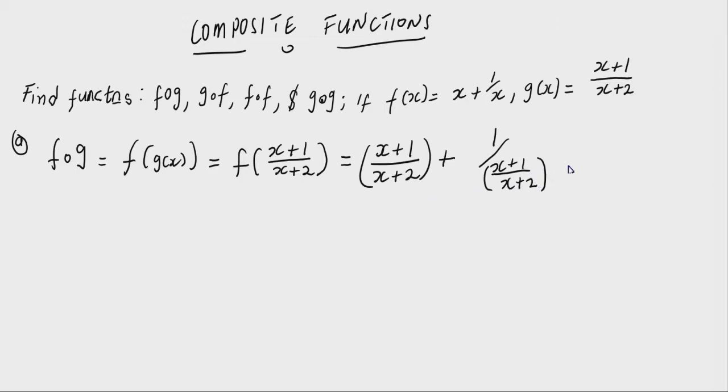So when we take the reciprocal of this, we get X plus 1 divided by X plus 2 plus, this would be 1 over 1 times X plus 2 divided by X plus 1.